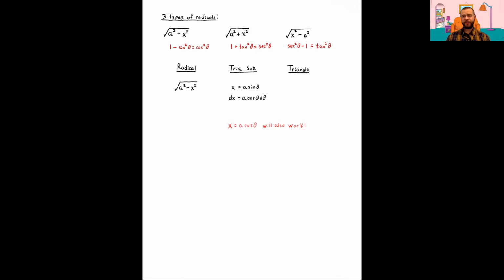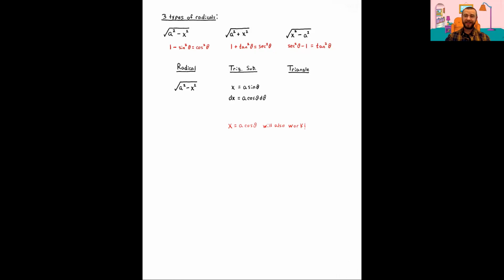Now, I want to point out, since there's a duality to the basic Pythagorean identity, it is possible for you to make the trigonometric substitution to this radical alternatively as x equals a times cosine of theta. That will mathematically work. But I will say, in teaching Calculus 2, x equals a cosine theta is not the standard choice.